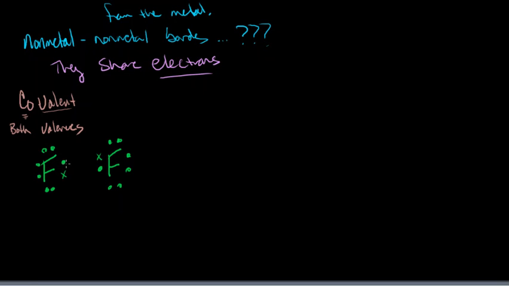But what happens is that these two electrons can fulfill the electron configuration of the other one if they're shared with each other. So if these two electrons count for both, you wind up with these two electrons working for both of them.